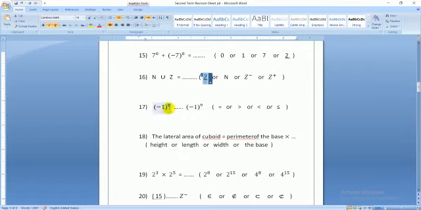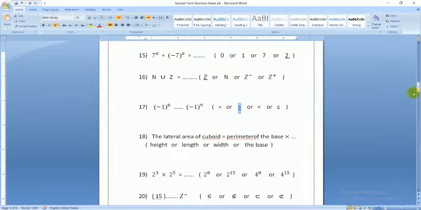So negative 1 power 8 is the same as 1 power 8, which equals 1. Negative 1 power 9 equals negative 1. So which is bigger, 1 or negative 1? Yes, 1 is greater than negative 1.